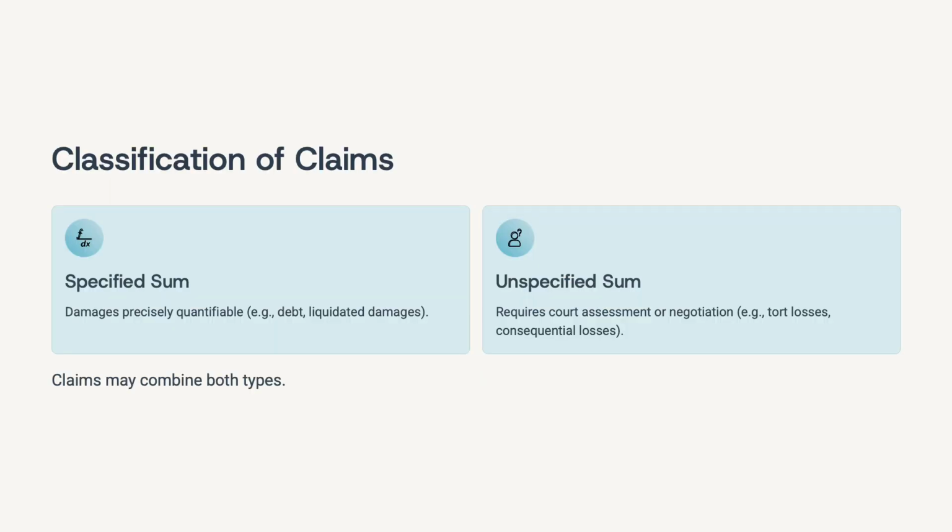Classification of claim. Claims are either specified or unspecified. Specified sums are like a £50,000 unpaid invoice. Unspecified sums are more mysterious. The court has to figure out how much they should award, like trying to guess how much tea to brew for a royal garden party. Some claims are a mix, like ordering fish and chips with a side of mushy peas.